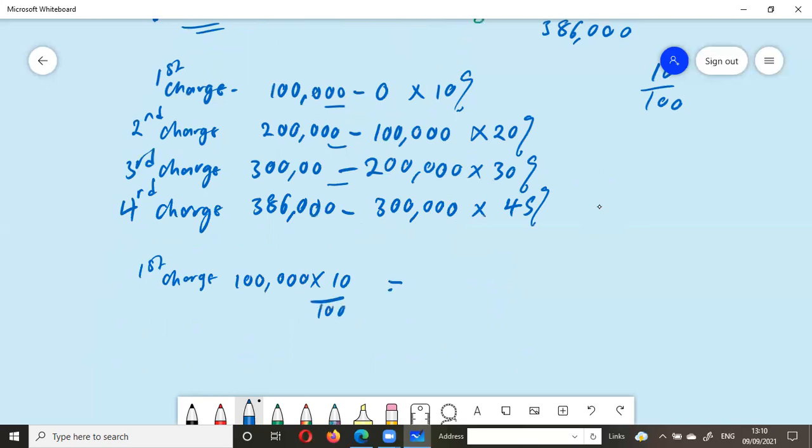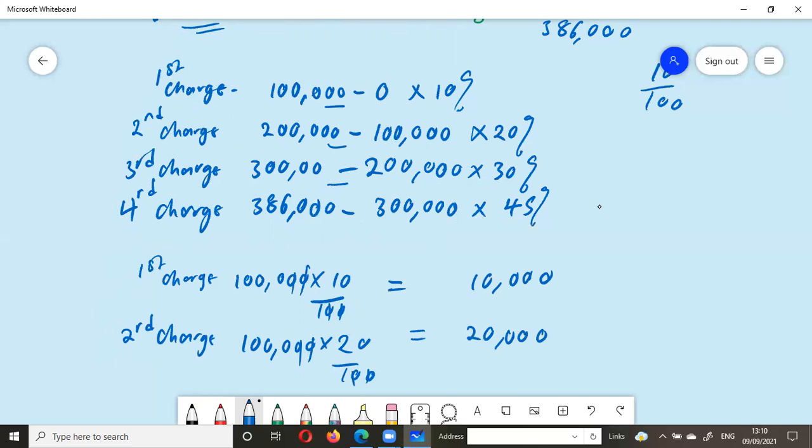The 100s cancel, so you get 10,000. Then the second charge, the difference is still 100,000 times 20%. This cancels, and we get 20,000.